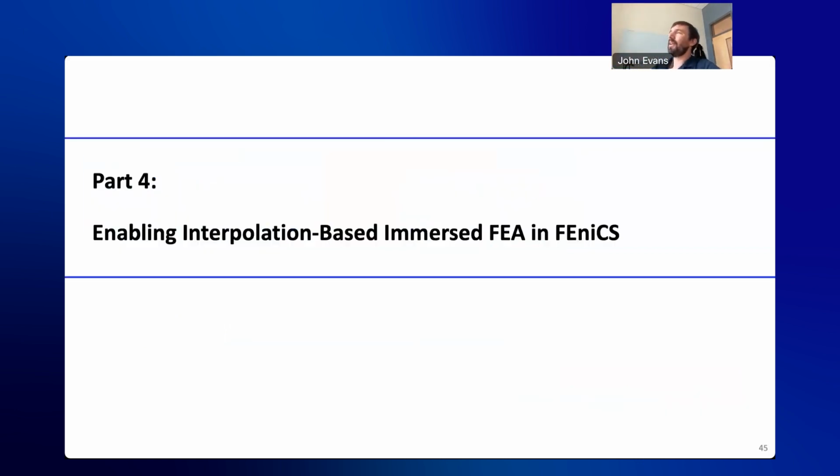How do we now enable interpolation-based immersed analysis in FEniCS?